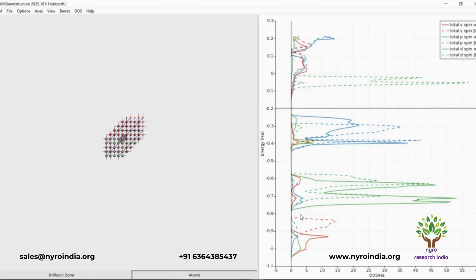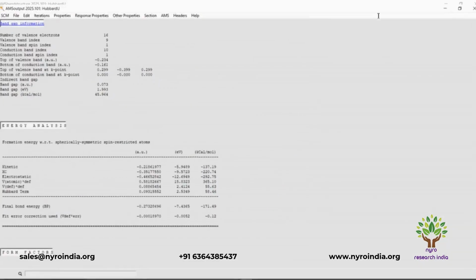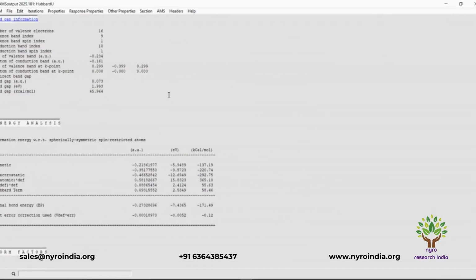As an analysis part, we can open up the results of this interface. Yes, this is the output file, and you can see the band gap information. From this, we can point out which orbitals contribute to the density of states as a function of energy.